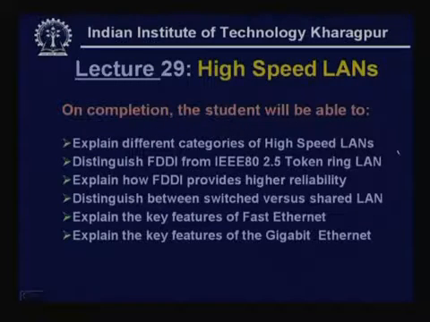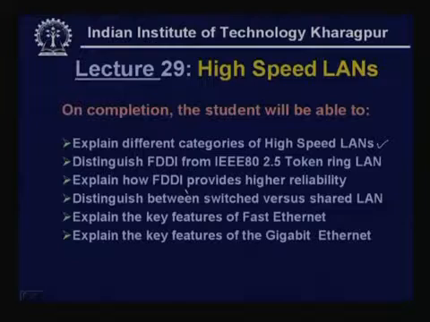On completion, the students will be able to explain different categories of high speed LANs, and distinguish FDDI from the IEEE 802.5 token ring LAN. Although FDDI is based on token ring LAN, there are many differences which we shall discuss.